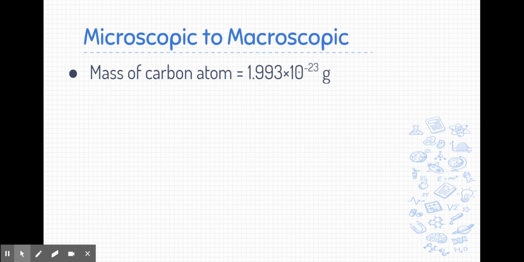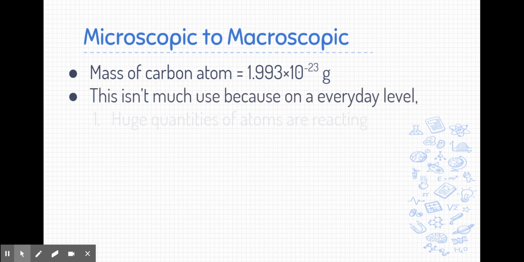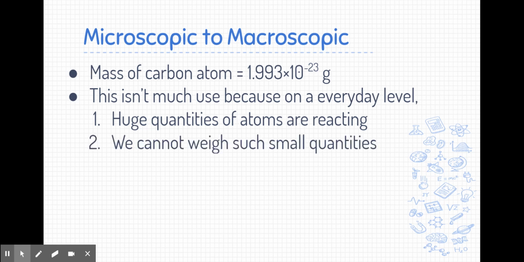So, as I said in a previous slide, chemists developed a way to measure the mass of a single atom. That's great, an incredible scientific achievement. But what's the use? When we're carrying out chemistry, even on a small scale, we're reacting huge quantities of atoms. And on a practical level, there's no direct way to weigh those individual carbon atoms.